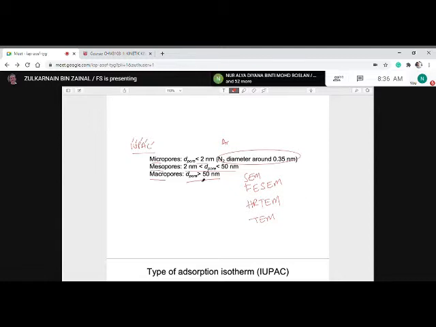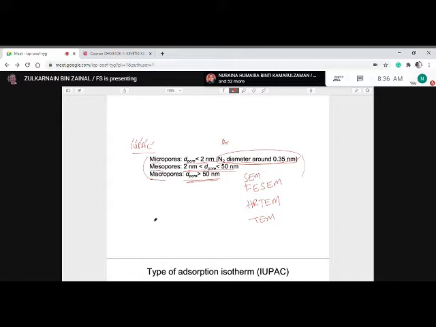But you'll be able to get the pores only by doing the adsorption. So by doing adsorption, what you'll know is what type of pore is there in the materials, and how much of these pores are in the material.